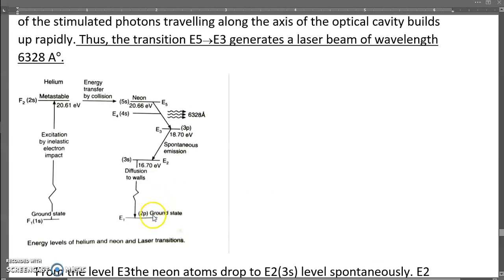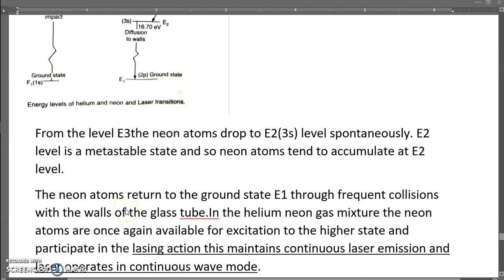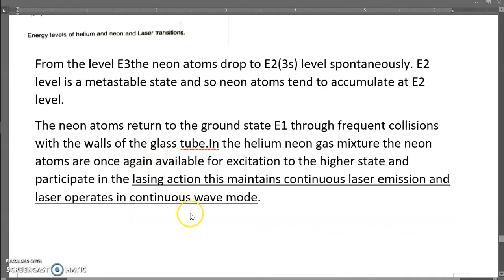You can see a 4-level pumping scheme, E1, E2, E3 and E5. These are the 4-level pumping schemes. And because of the lasing action, this maintains the lasing emission and operates in the continuous wave mode. So this is a very good laser which helps to have a continuous wave mode laser.